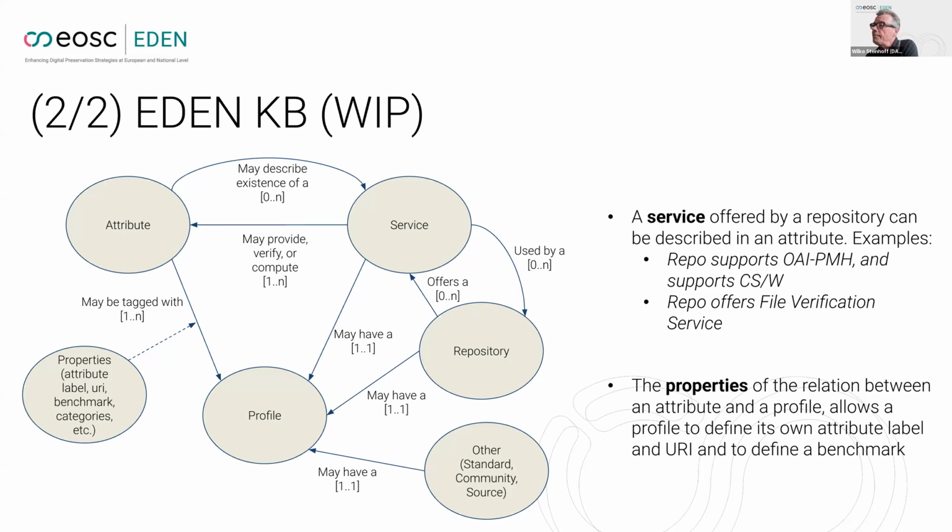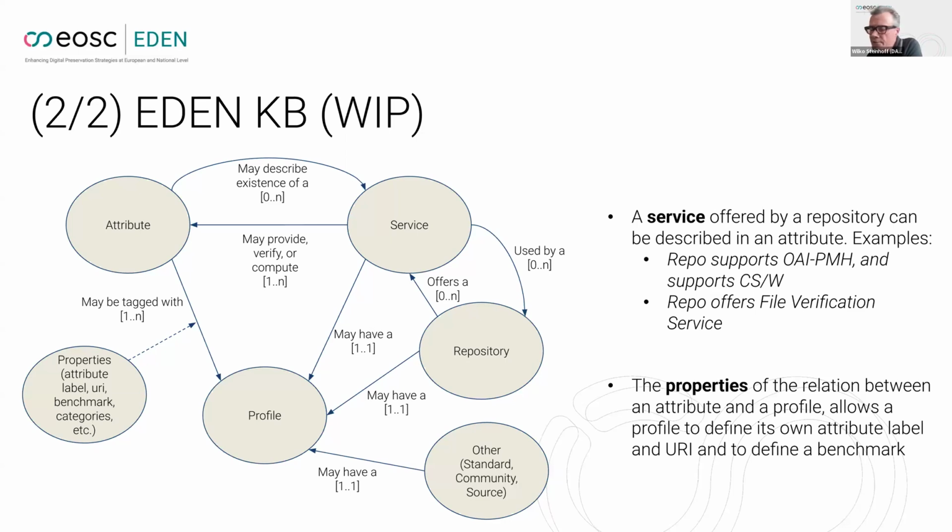And the properties of the relation between an attribute and a profile allow a profile to define its own attribute label and URI or IRI, and is therefore able to define a benchmark. But this is advanced. This is not currently present yet.